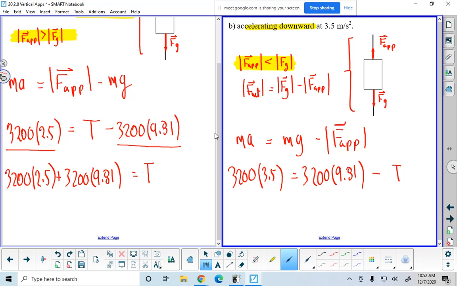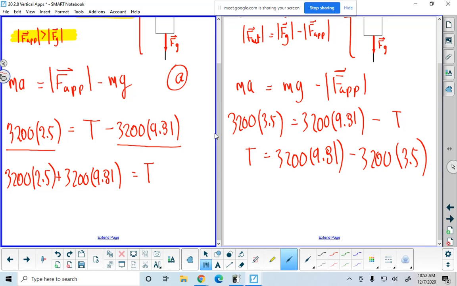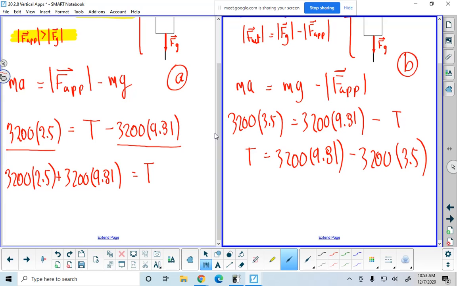I'm going to move that T to the other side, and we will get the tension equals 3,200 times 9.81 minus 3,200 times 3.5. So now let's calculate both of those, please. We're going to calculate what the tension in the cable is for A, this is question A on the left, and for B, which is on the right.